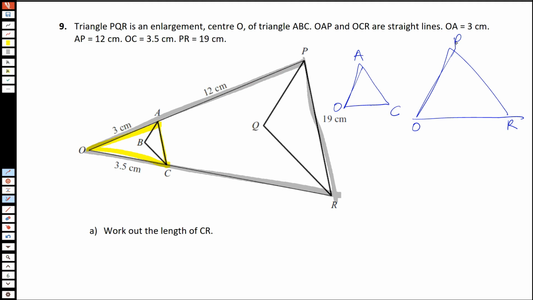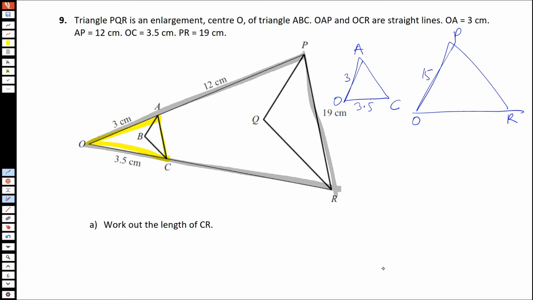Now the corresponding lengths for both of these will be, let's just say this is 3 and that is 3.5. These are just sketches. They don't represent exactly the triangles as they are here. So you have 15 here, and then we have OR, which is missing like that.